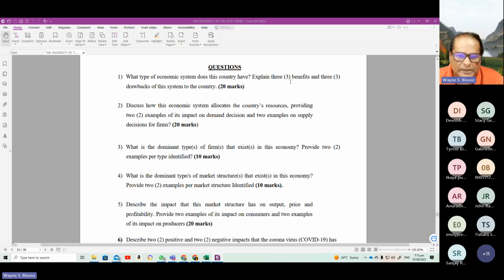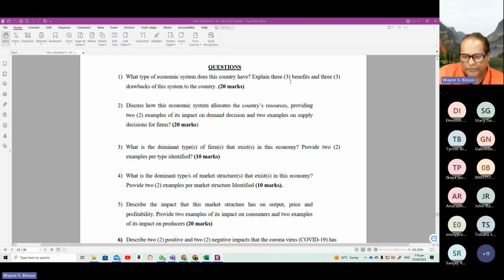Discuss how this economic system allocates resources, providing 2 examples of its impact on demand decisions and 2 examples on supply decisions for firms and consumers in this country. So it can't be the general advantages and disadvantages you find in the textbook, but you have to be able to correlate what you see in the textbook with the advantages and disadvantages that you research on the country itself.